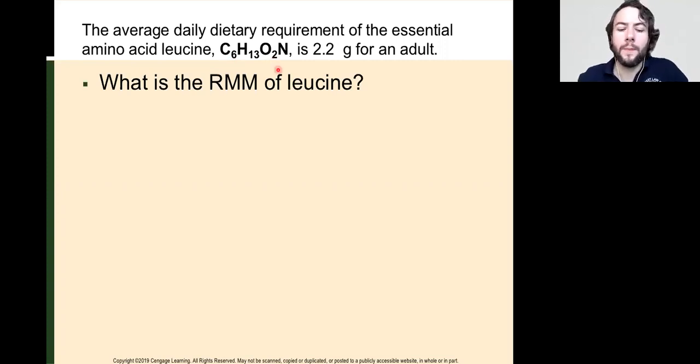So it's 6 times 12 for the carbon, plus 13 times 1 for the hydrogens, plus 16 times 2 for the oxygens, plus 14 times 1 for the nitrogen. And that will give us a value of 131, if I'm not mistaken.